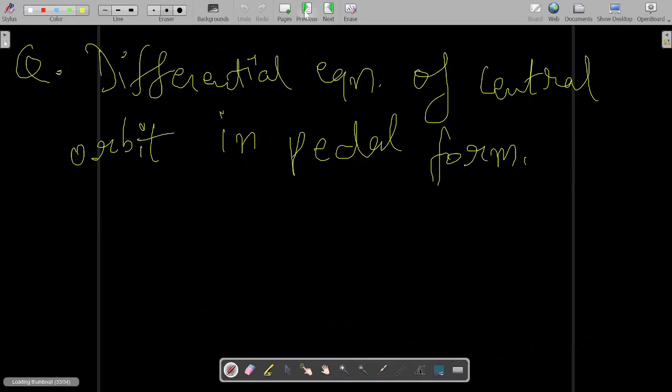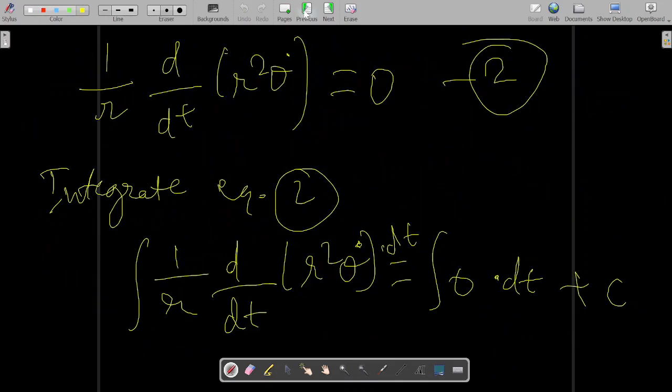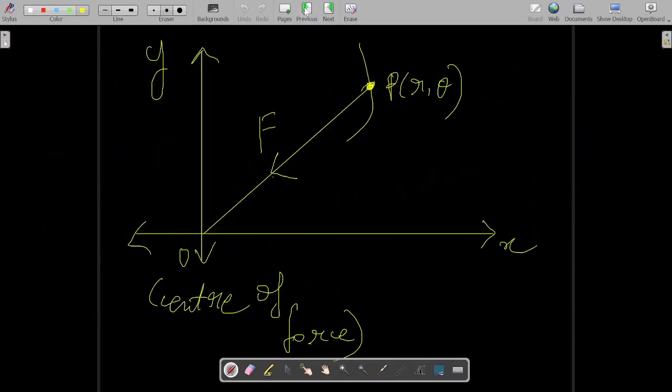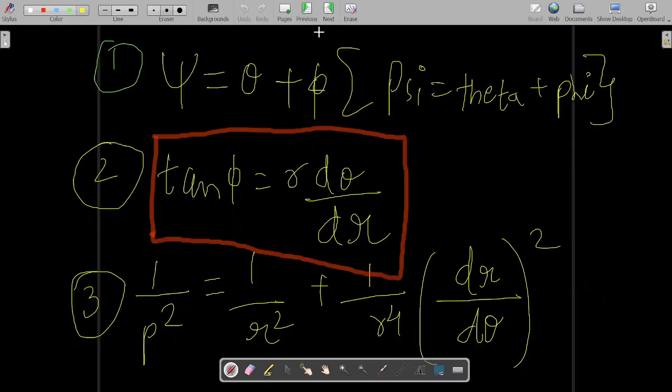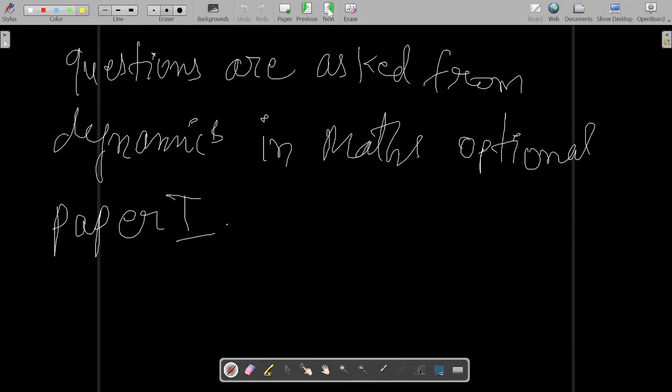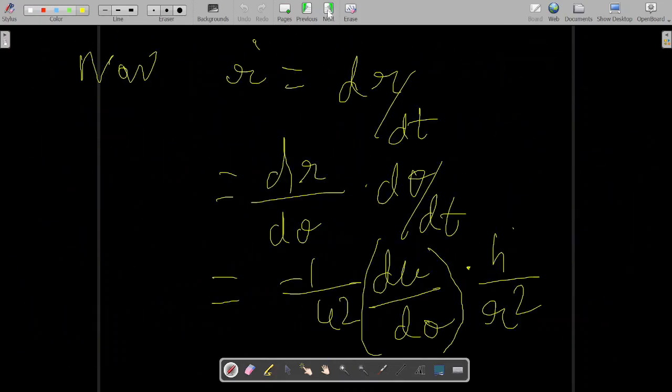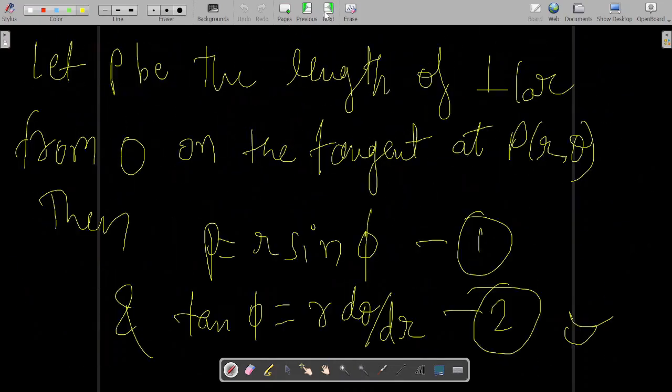Have a look at the beginning. Over here it's there, right? R d theta by dr. This is your equation number 2.